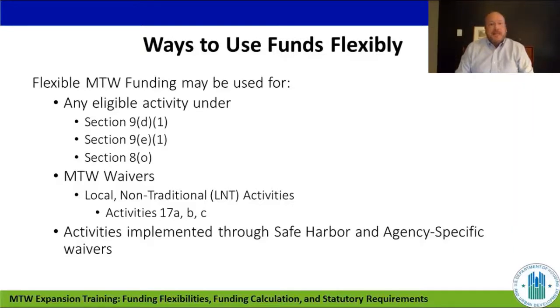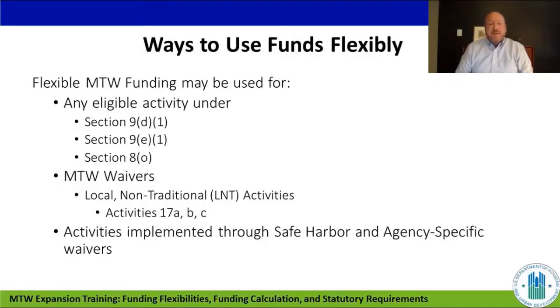So that's any eligible activity under Section 9, that's the Public Housing Program, 9(d)(1), (e)(1), and the Section 8 program, Section 8(o). We also have a wide range of MTW waivers that you likely have already looked through in depth.